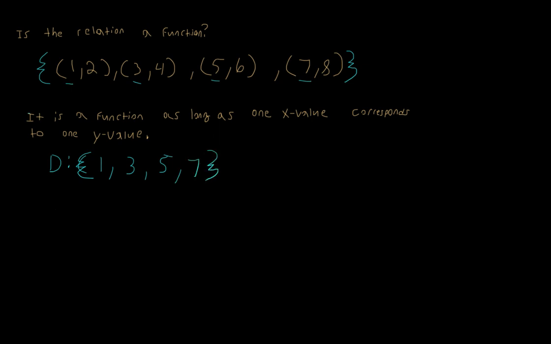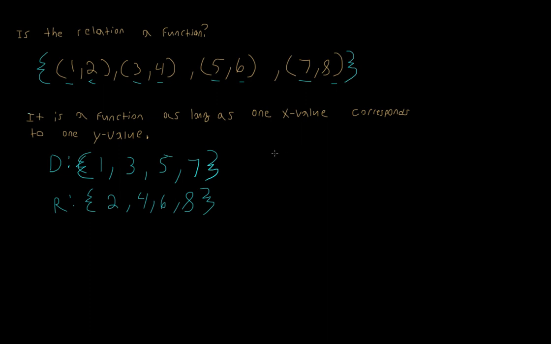And then let's state the range. The range, we know, are all the y values: 2, 4, 6, 8. Okay, so it is a function as long as one x value corresponds to one y value.